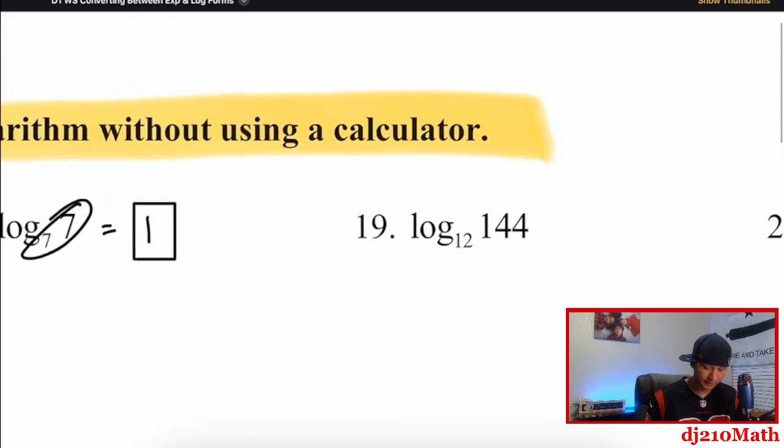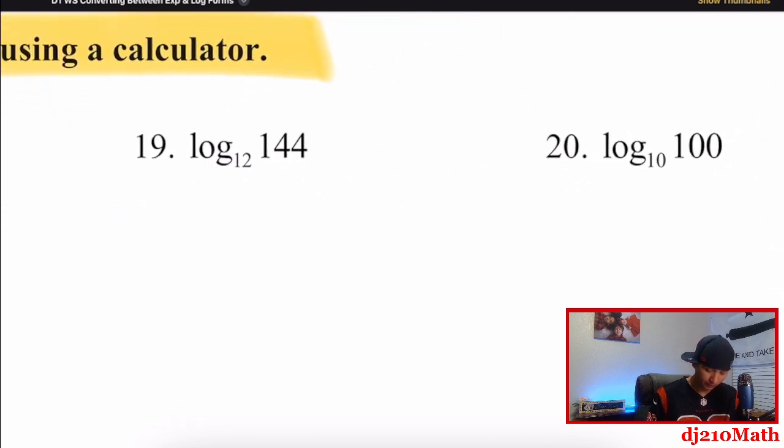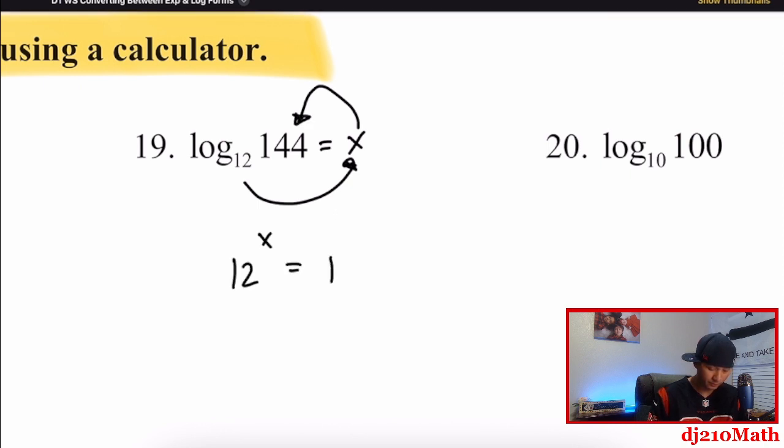Okay, 19. Set it equal to something. 12 raised to something equals 144. There's a couple ways of thinking about this. If you apply the method that we just did, you could turn 144 into base 12, as in 12 squared.